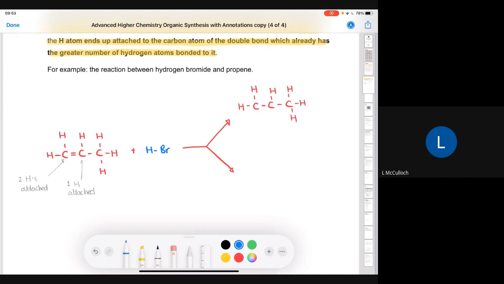And then I'm going to pop the hydrogen onto the carbon on the left, the carbon that has the most hydrogens already attached. And then I'm going to pop the bromine on the middle. Okay, and that is your major product, which we can also call the Markovnikov product because it's following Markovnikov's rule.